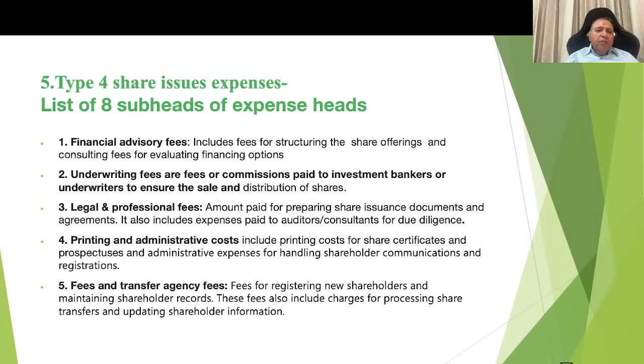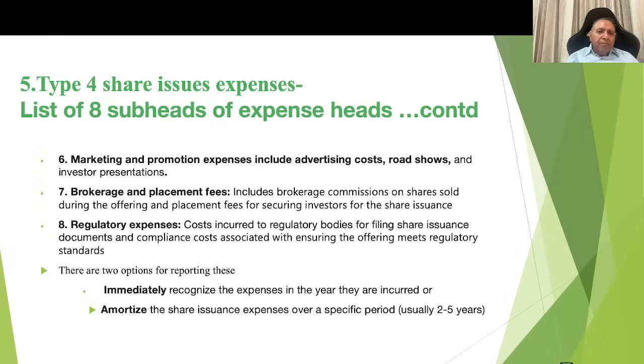Type 4, share issue expenses. There are 8 subheads identified under this. One is the financial advisory fees for undertaking share issuance. Underwriting fees or commissions paid to the investment bankers or underwriters. Legal and professional fees. Printing and administration cost, and transfer agency fees for registering new shareholders and maintaining shareholder records.